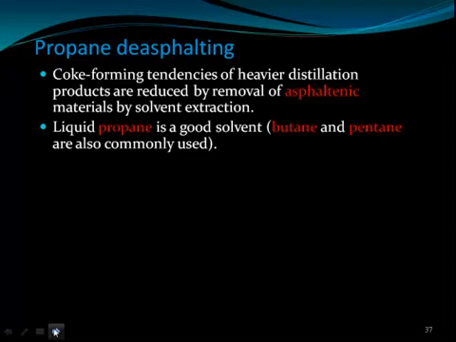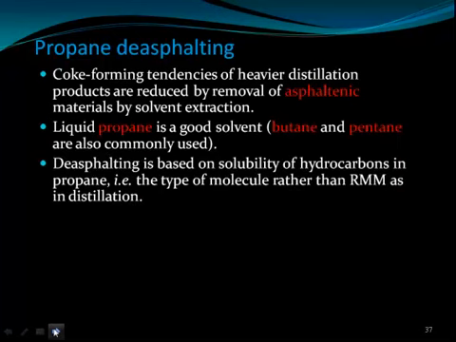Generally liquid propane is a good solvent, and butane and pentane can also be used. Propane can dissolve this, and after that we can remove the asphalt from the propane by distillation again. So deasphalting is based on the solubility of hydrocarbons in propane. It means the type of molecule rather than the molecular weight as in distillation.